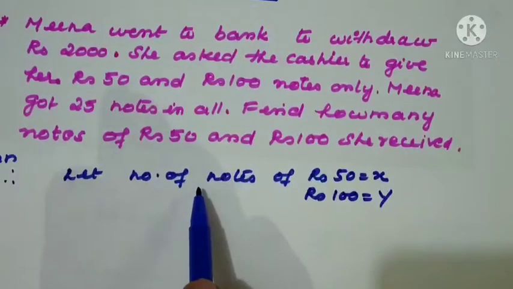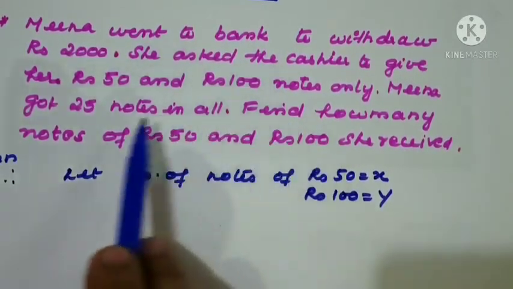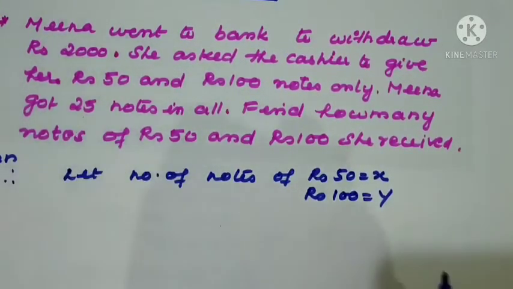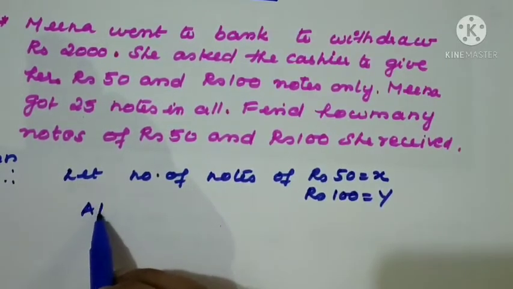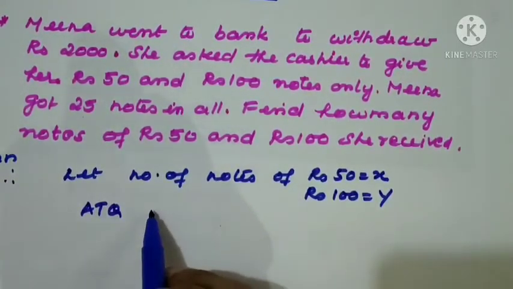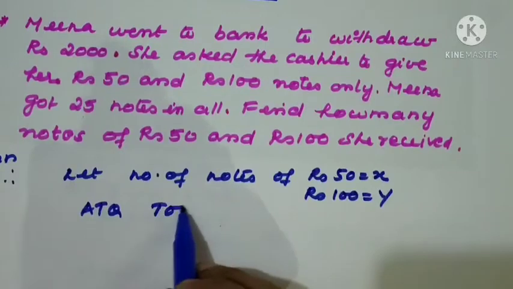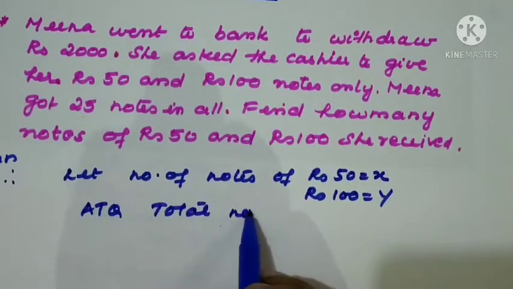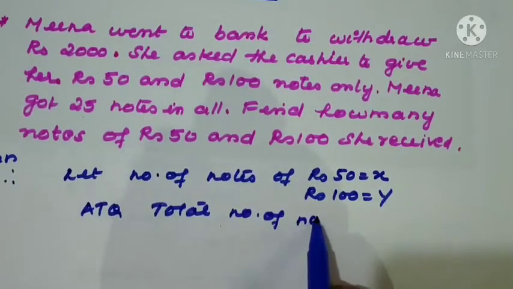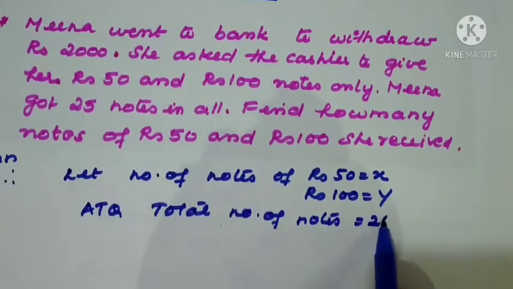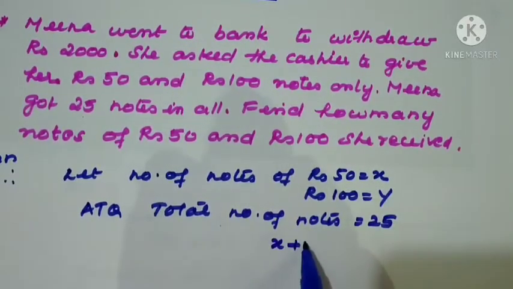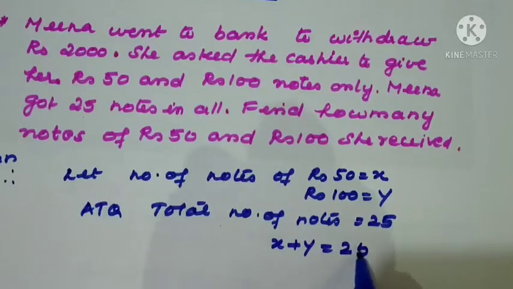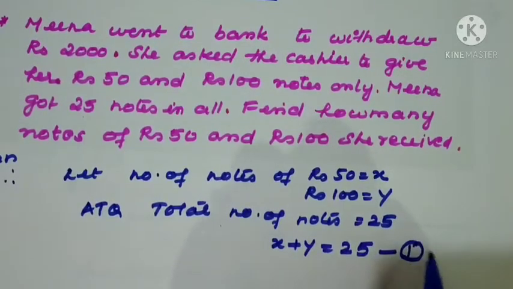So we got the number of notes now. According to the question, she got how many notes? 25. So the total number of notes is equal to 25. That means x plus y equal to 25, which is the first equation.